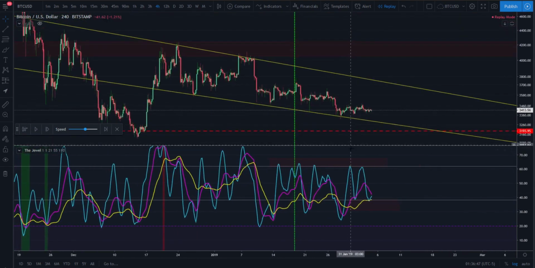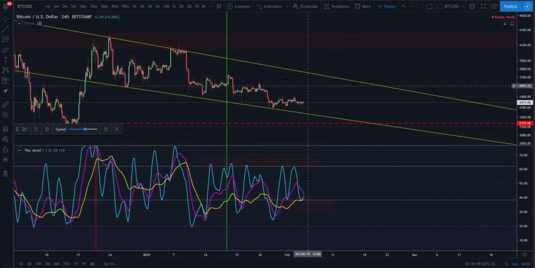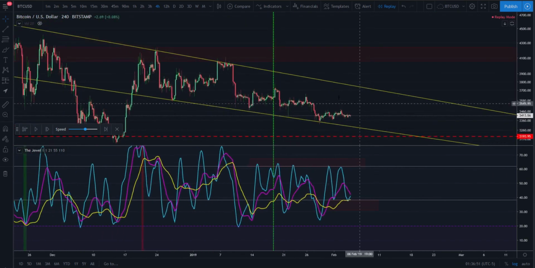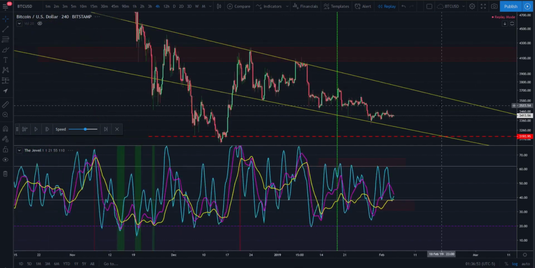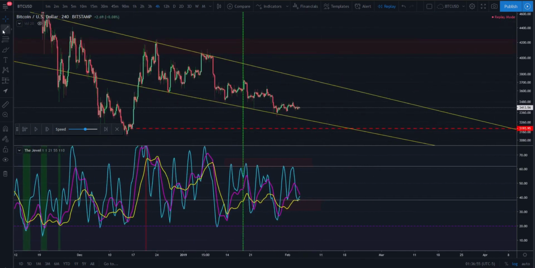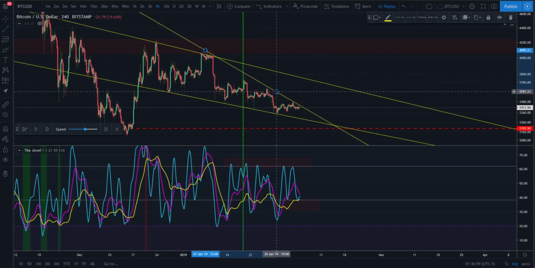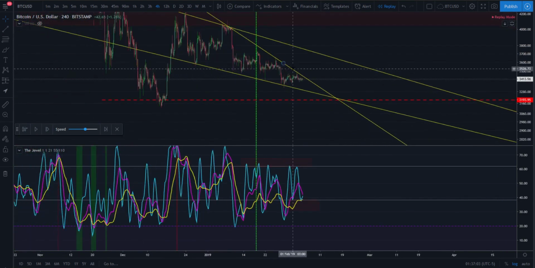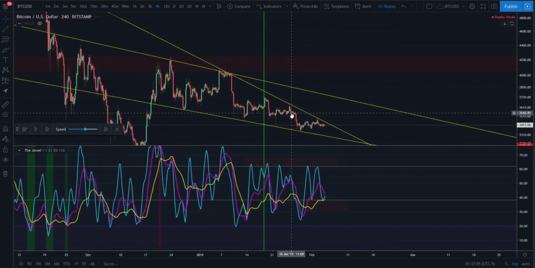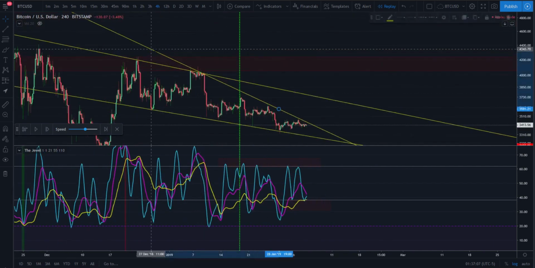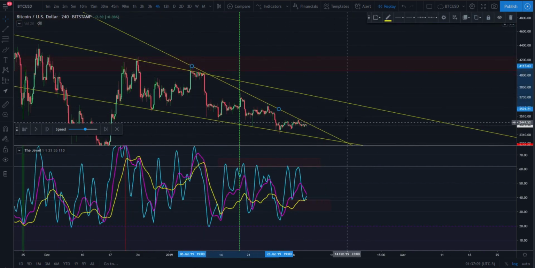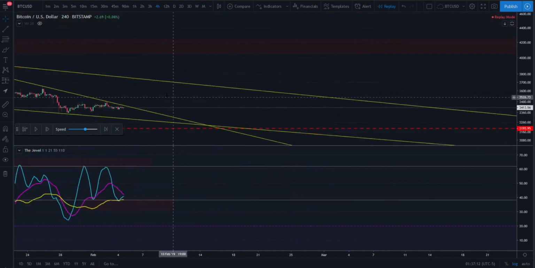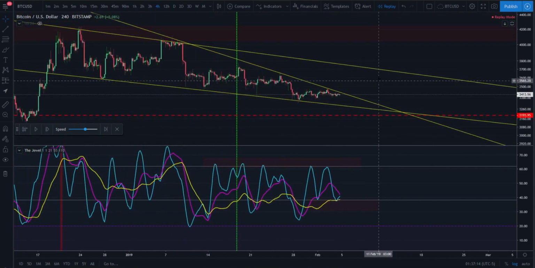Now, another thing you can do is redraw this pattern over there, this channel. It's not valid anymore. Well, it is kind of valid, but there's another one that you can see, which is falling pizza, which is a volatility squeeze, is what I like to call this descending wedge.